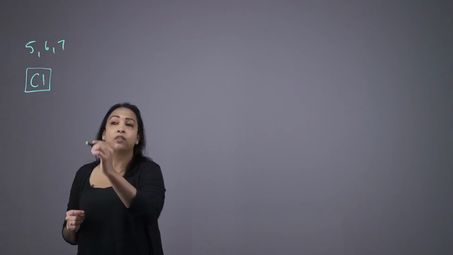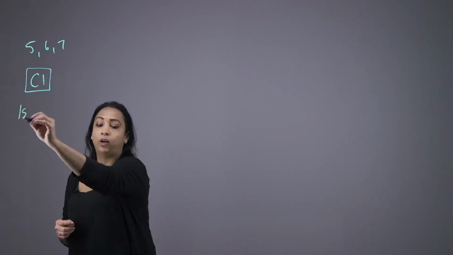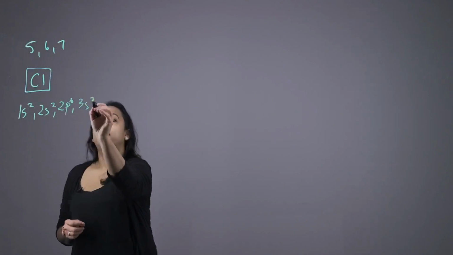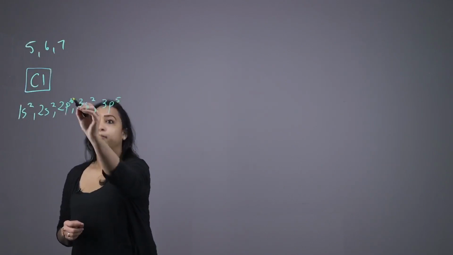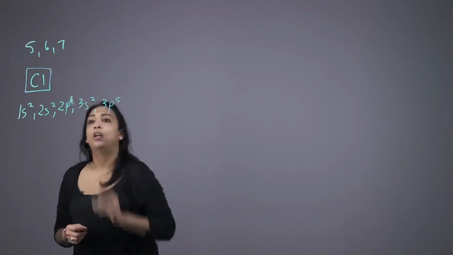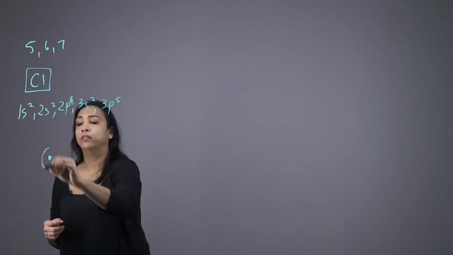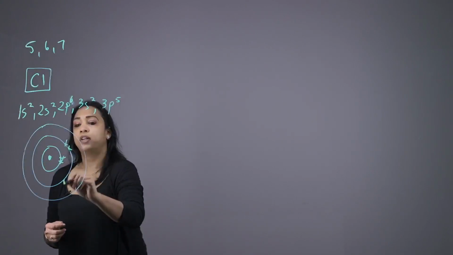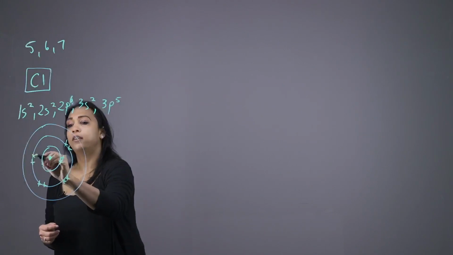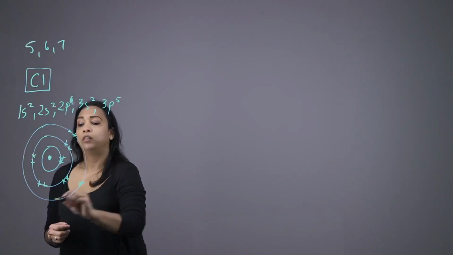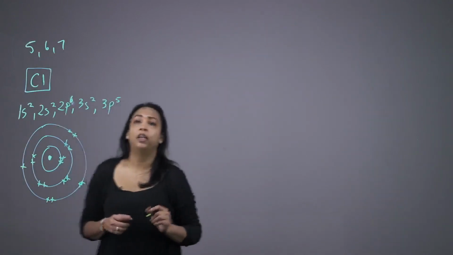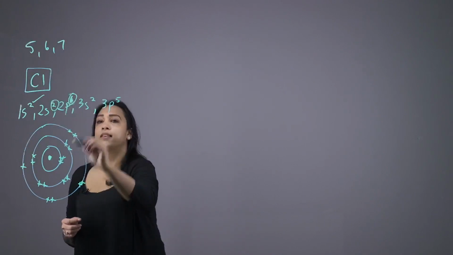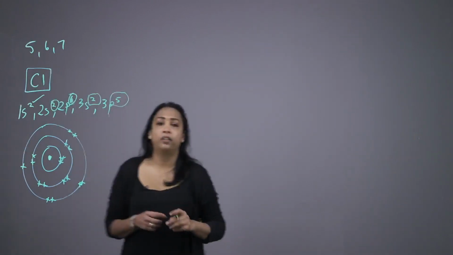So the electronic configuration of chlorine is 1s2, 2s2, 2p6, 3s2, and 3p5. So we can draw chlorine like this. So we have 2 in the first shell, 8 in the second shell, and 7 in the third shell.